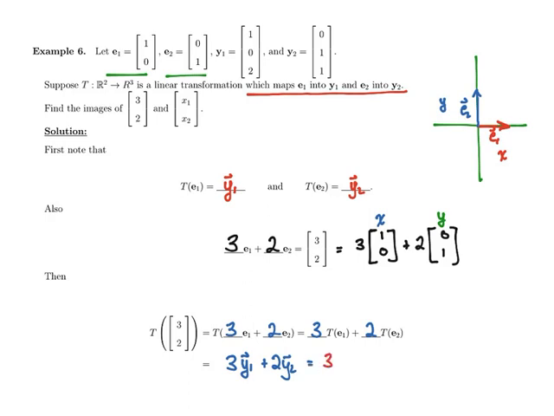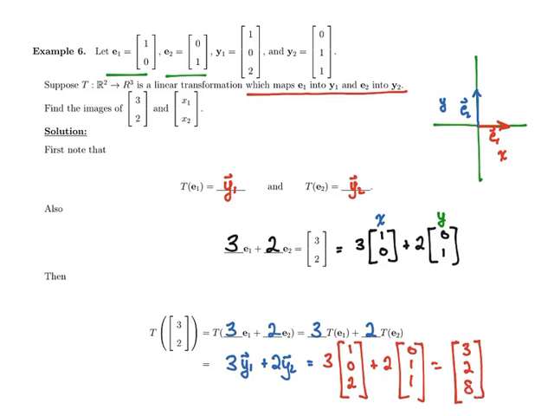That's 3 times 1, 0, 2, and 2 times 0, 1, 1, and we can add those together: 3 times 1 plus 2 times 0 is 3, 3 times 0 plus 2 times 1 is 2, and 3 times 2 plus 2 times 1 is 8. And that is our image of 3, 2 under T.